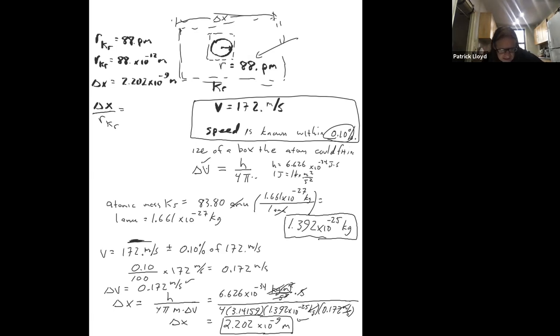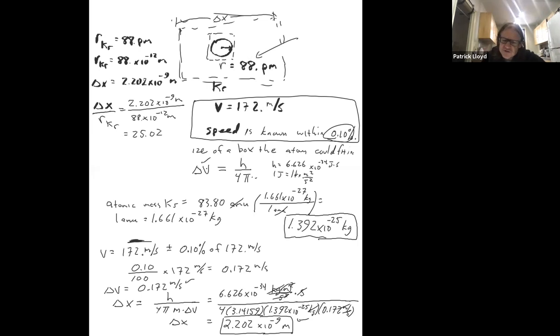So you take your delta X, 2.202 times 10 to the minus 9 meters, and then divide that by the radius, 88 times 10 to the minus 12 meters. See how that 10 to the minus 9 is bigger? It's a larger number. 10 to the minus 9 is larger than 10 to the minus 12. So 2.202 times 10 to the minus 9 divided by 88 times 10 to the minus 12, and you get 25.02.